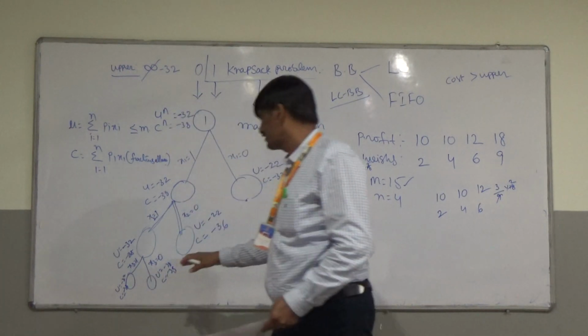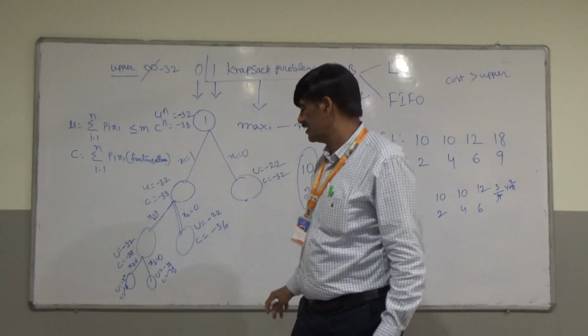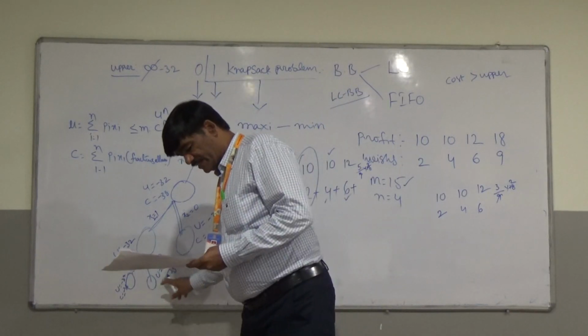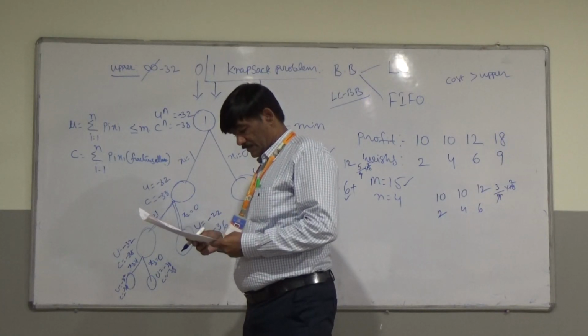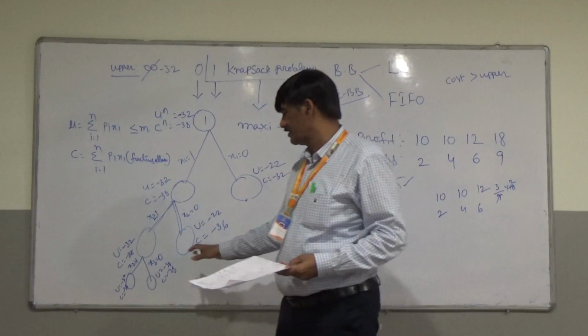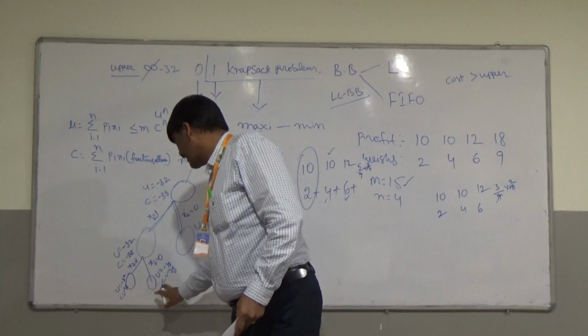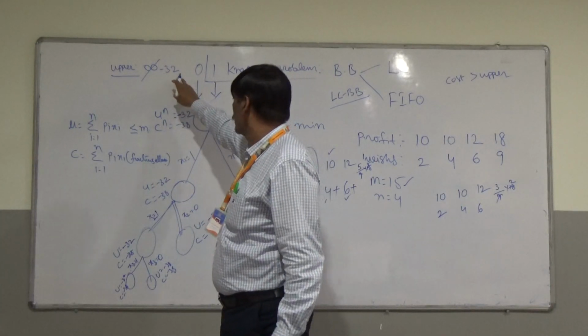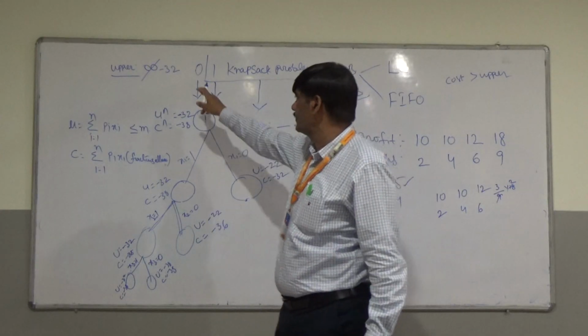Now compare which one is the best. The two costs are equal, both minus 38. So both have equal priority and both are live states. Also compare the upper bound values: this is minus 32 and this is minus 38, so this is the best one.